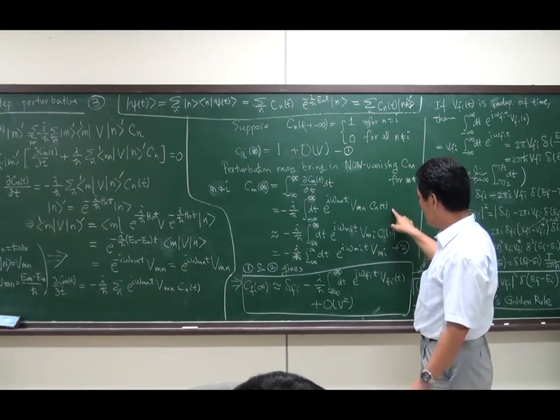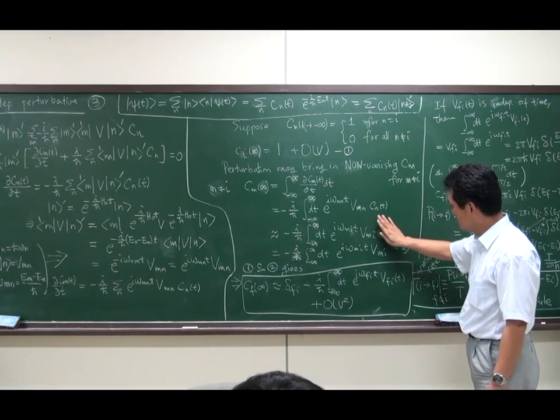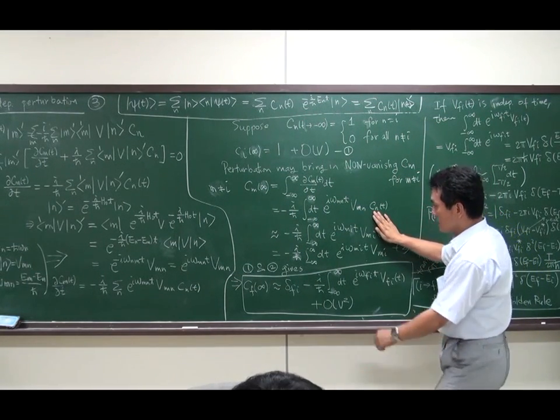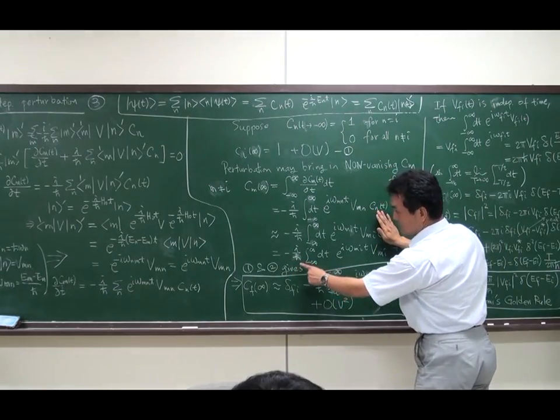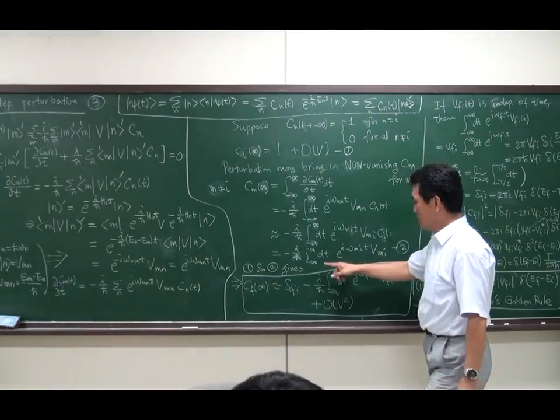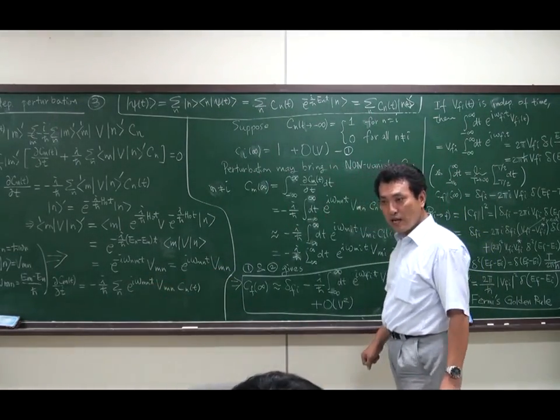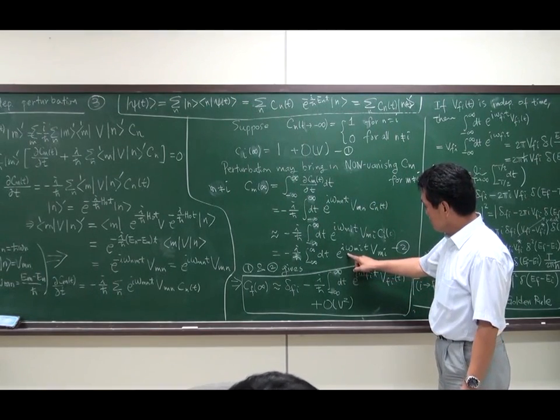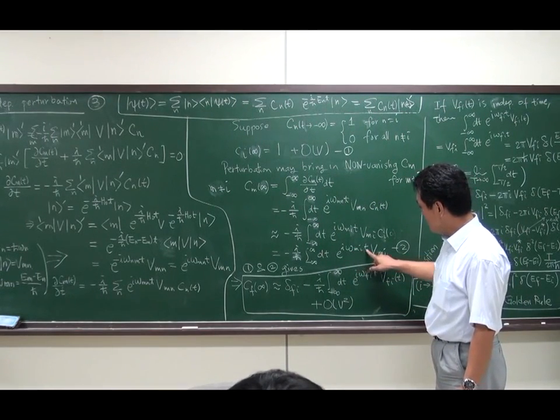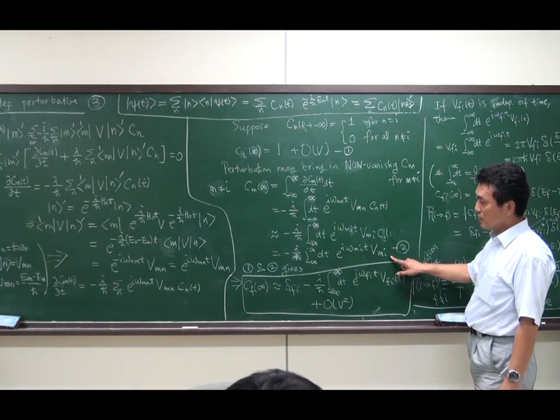Substituting those values in here, and C_i(0) is the same as that, and this is just 1, and the final result is minus i over h bar, and there is no summation because I just consider state i, exponential of i omega_mi t, V_mi. Alright?